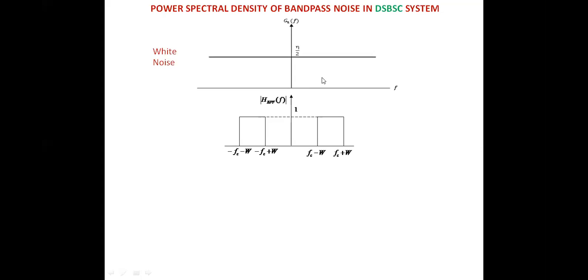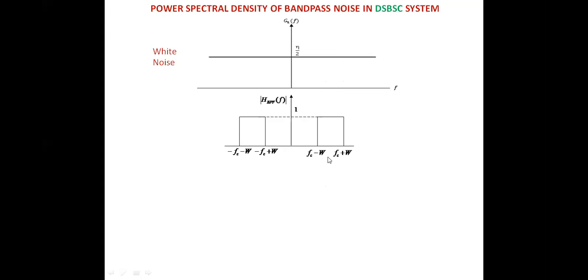Next, after passing this white noise through a bandpass filter, only a band of frequencies of the input noise will pass through. So at the output of the bandpass filter, we'll have only a few frequencies of noise. That's why it is called bandpass noise. Before the bandpass filter, the noise is white.